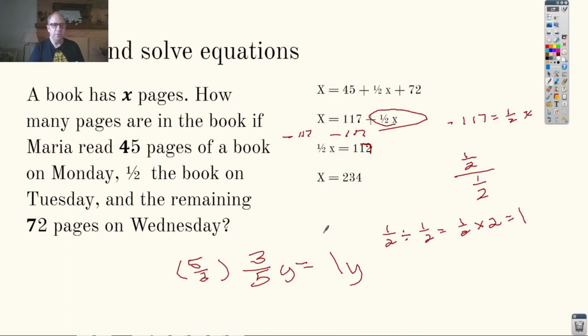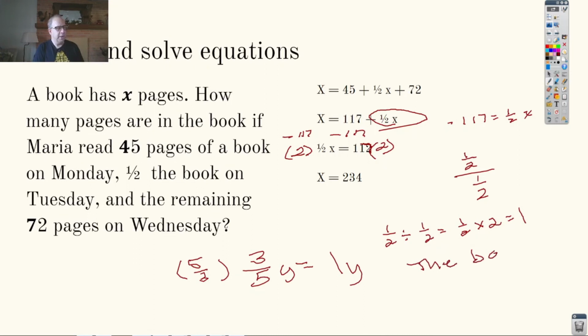I don't have to figure out what the reciprocal is that multiplies to equal 1. I don't have to think about it. I just take the fraction and flip it upside down. So a half flipped upside down is 2. If I multiply by 2 on both sides, I have X equals 117 times 2, which is 234. So how many pages in the book?